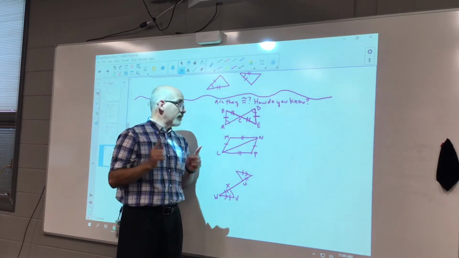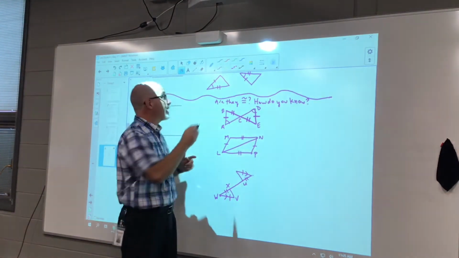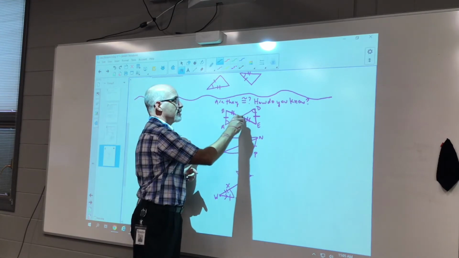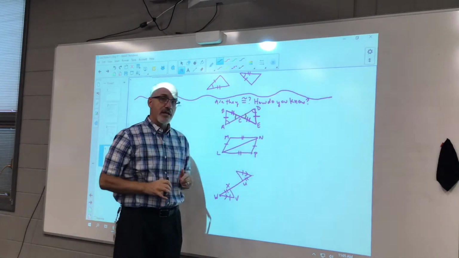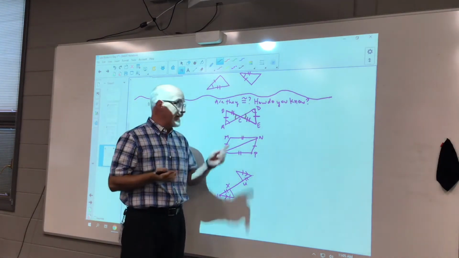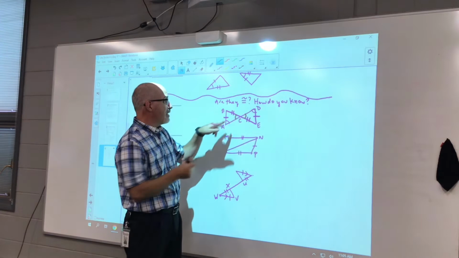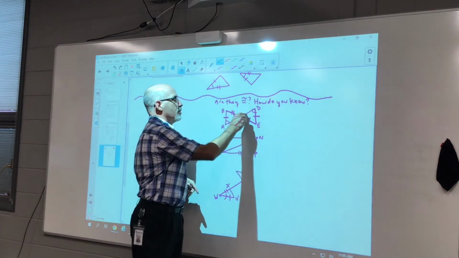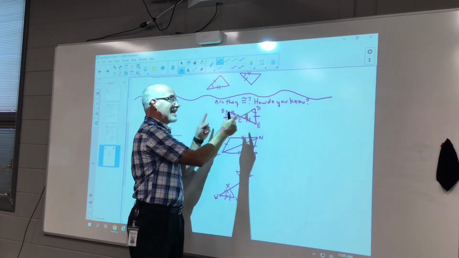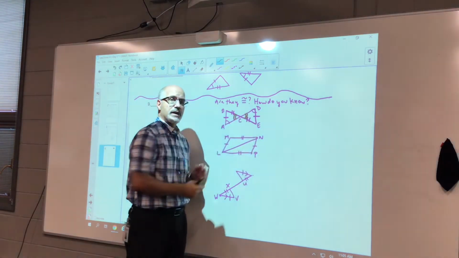But wait just a moment, we can get there. What we do is mark these two as congruent by vertical angles. We know all the angles in a triangle add up to 180, so if we subtract off these two pairs of angles, that must mean that these last two pairs are congruent.